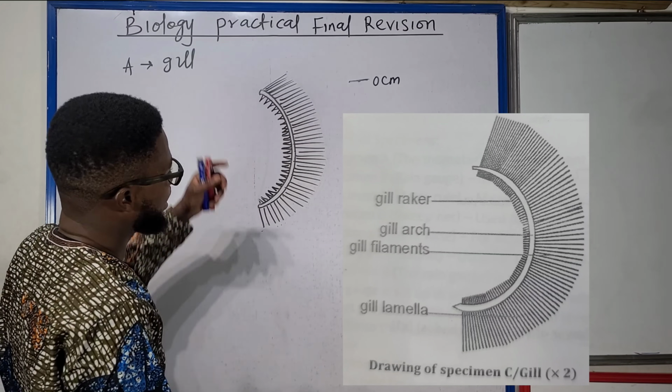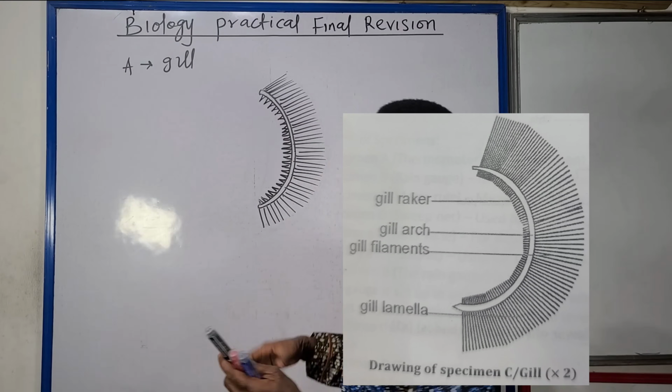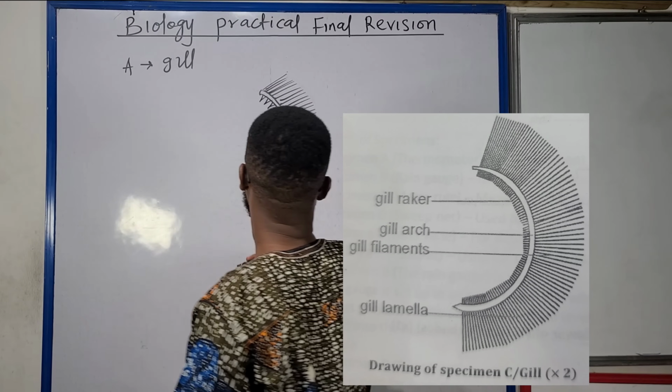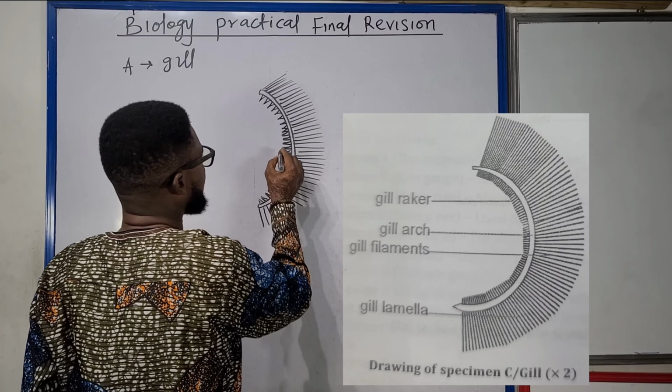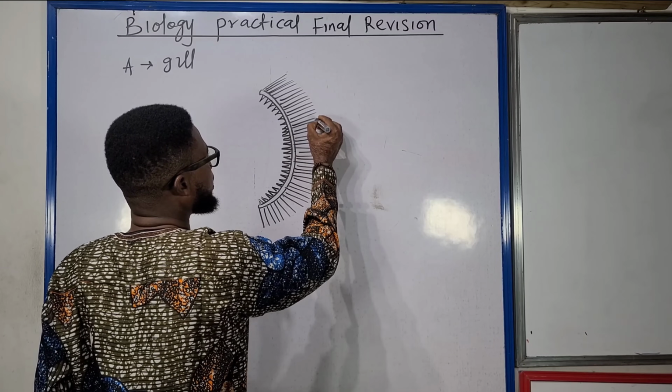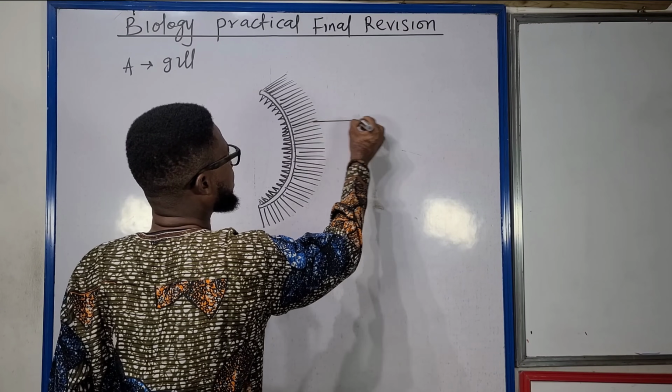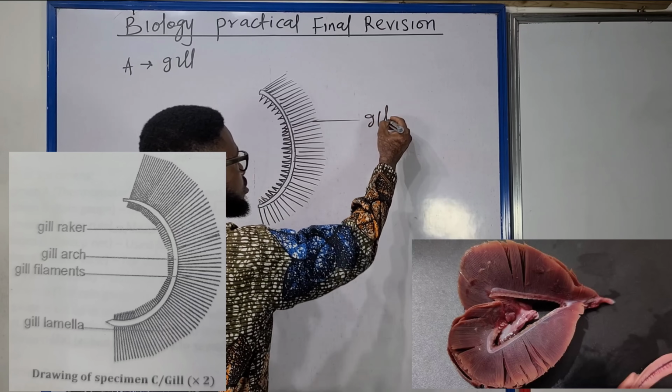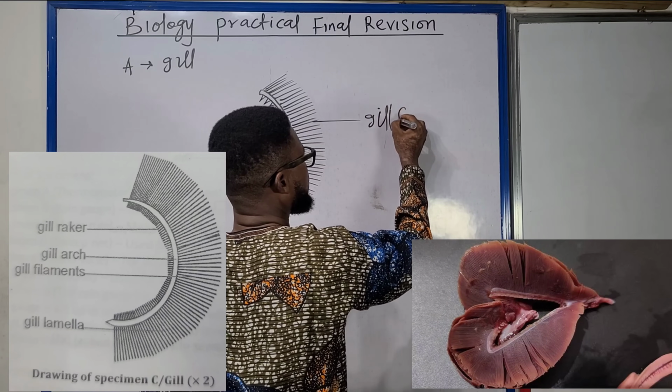And that's just about the end of that. Next is for us to label this. Of course, this here is going to be our gill filaments.